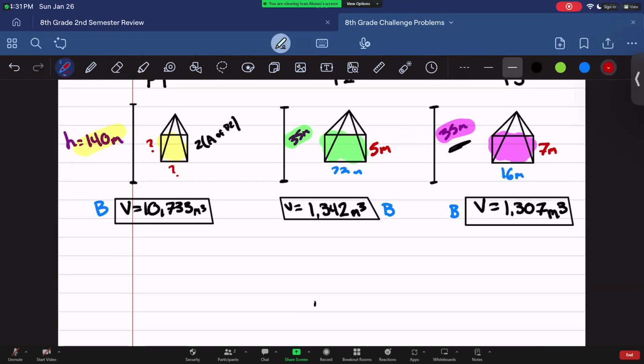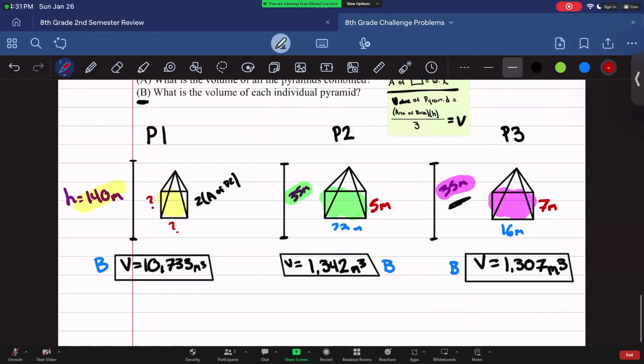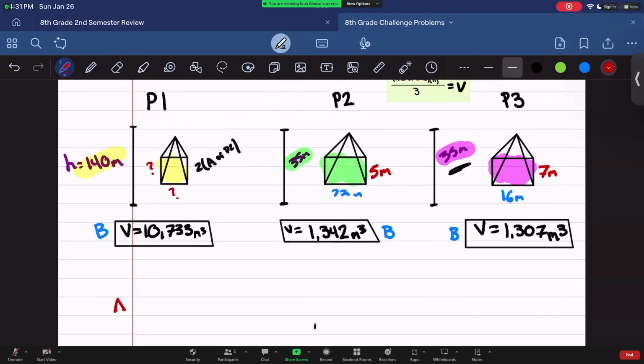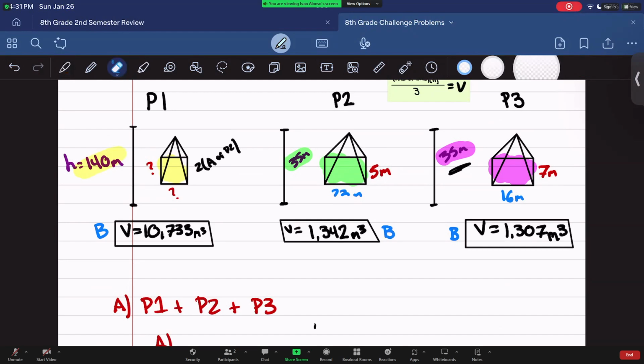Part A just required us to find the volume of all the pyramids combined. So for part A, we're literally just adding the volume of pyramid 1 plus pyramid 2 plus pyramid 3. The volume is whatever the calculator gives me.